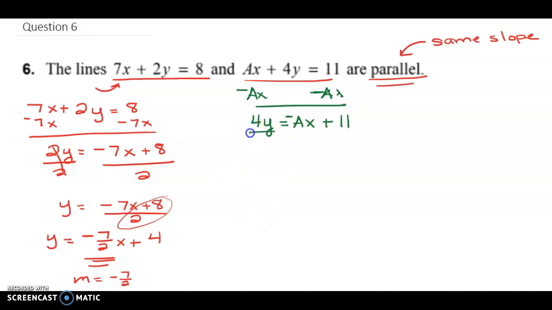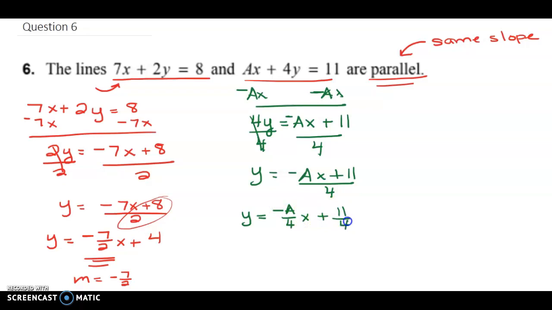Okay, so divide by 4, divide by 4, those go away. So I'm left with y equals negative ax plus 11 over 4, which is the same thing as negative a over 4x plus 11 over 4.